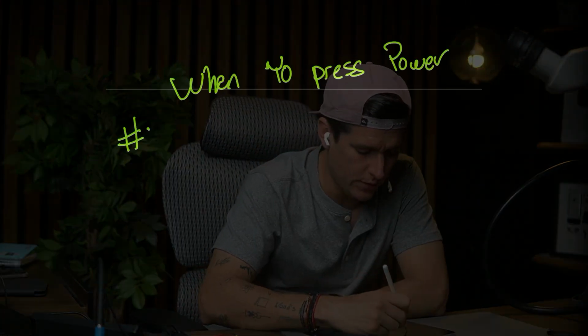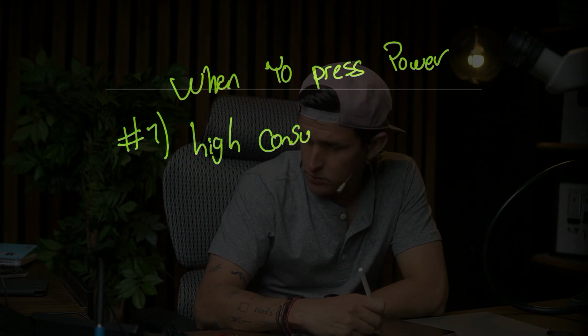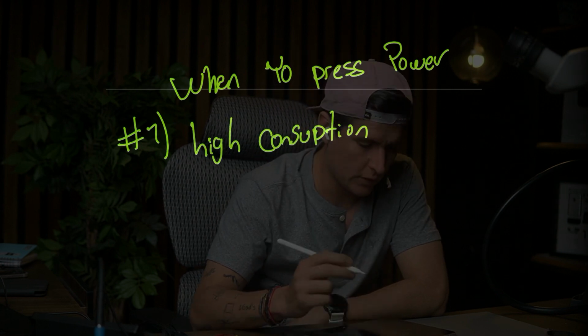Okay, so now you can have two ways. When you press power, you can have number one, high consumption. For example, you press the power button and your power supply goes to 1 amp.